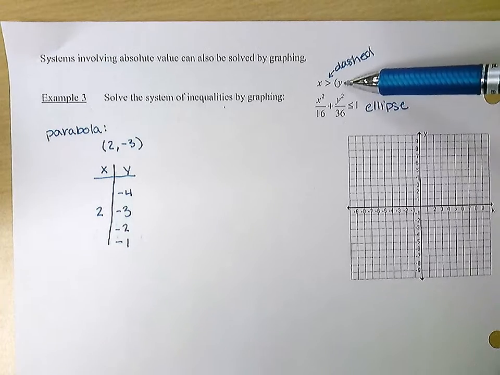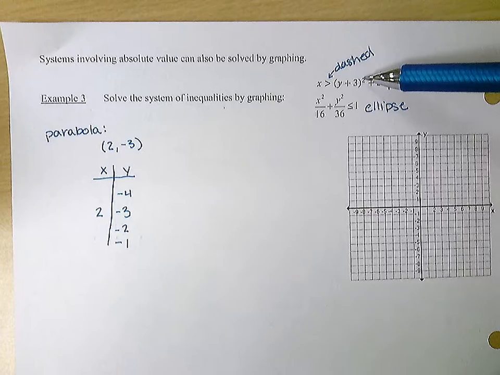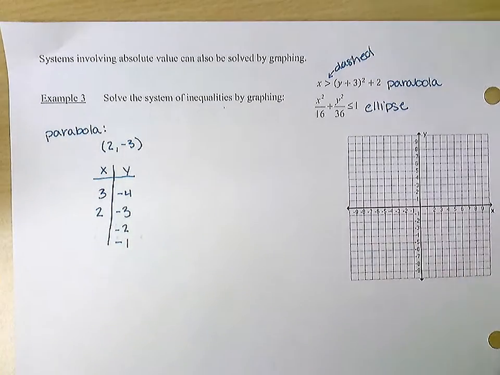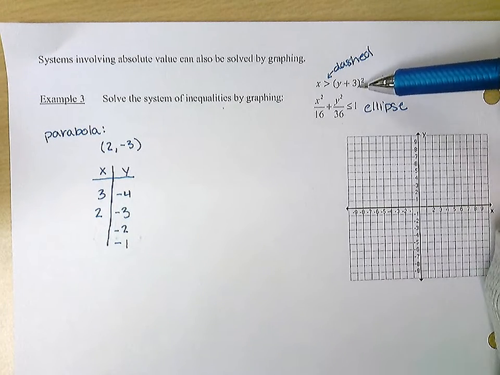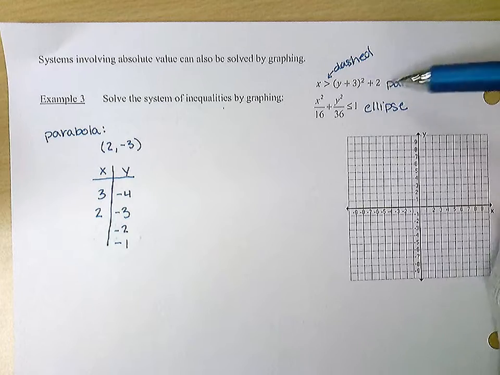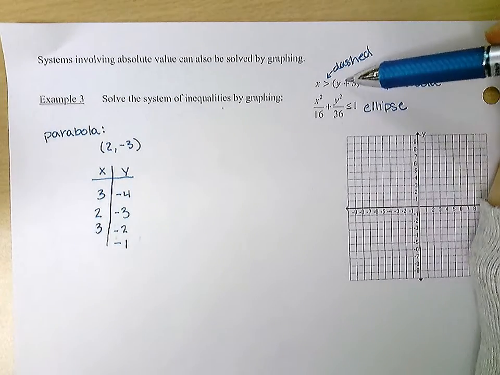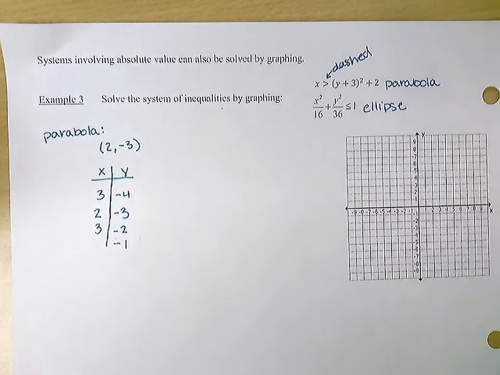Okay, so if I plug in -4 for y, I get -1. -1 squared is 1, plus 2 is 3. If I plug in -2, I end up with 1 inside parentheses there. 1 squared is 1, plus 2 again is 3. Plug in -1, I get 2. 2 squared is 4. 4 plus 2 is 6.